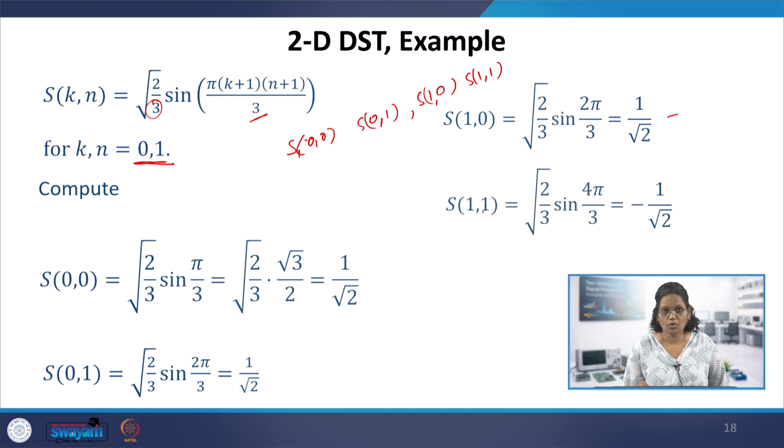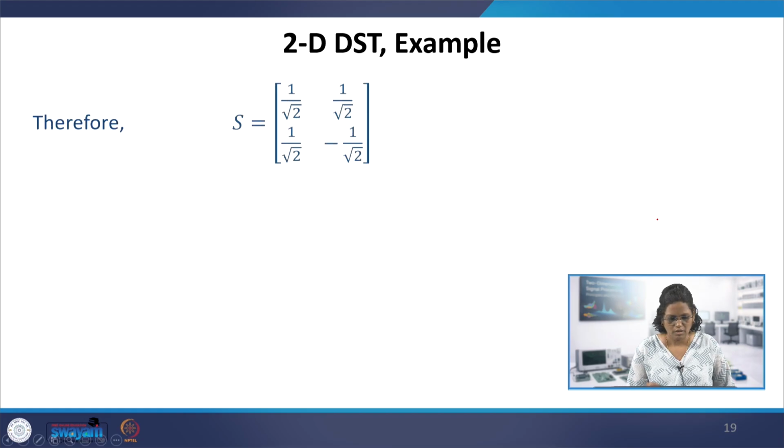For S(1,1), both k and n are 1, so substituting, we get minus 1 by root 2. So S contains these 4 elements, which is the kernel: 1 by root 2, 1 by root 2, 1 by root 2, and minus 1 by root 2. This is the kernel for the 2D DST of size 2 by 2.